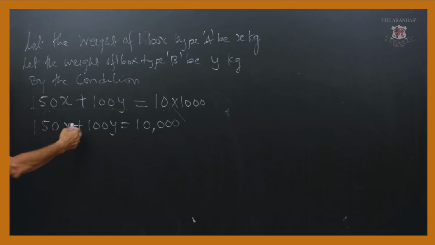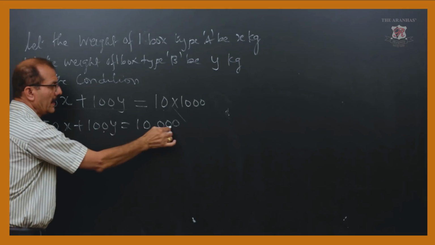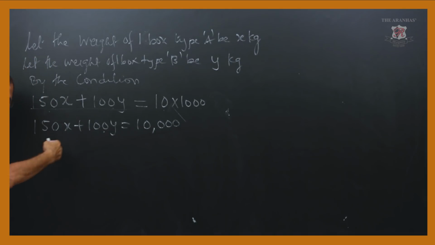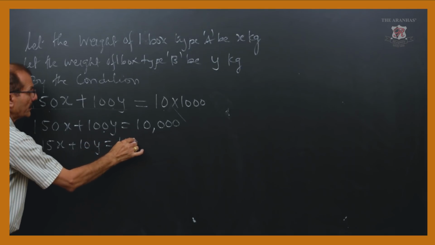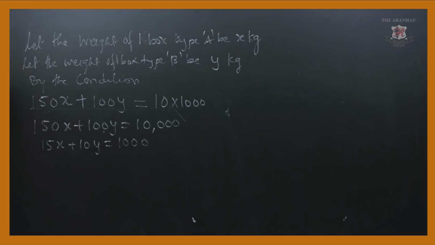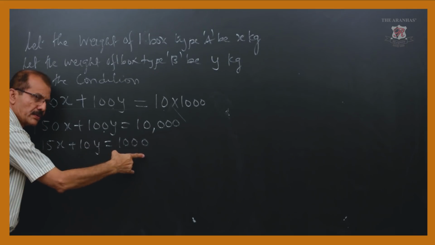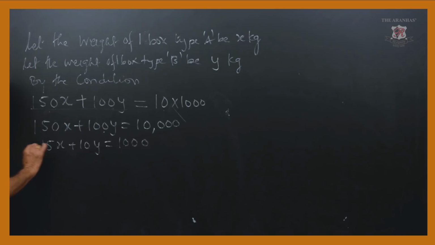Now you can reduce this. Here 0, 1, 0 is there, so you can divide by 10. So dividing by 10, I get here 15x plus 10y is equals to 1000. You find that further this can be reduced. So divide by 5.